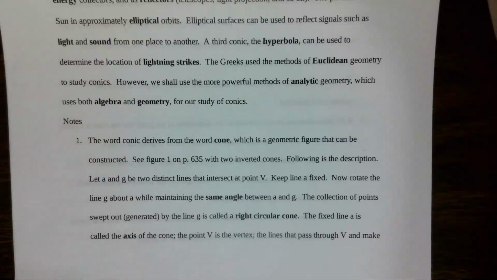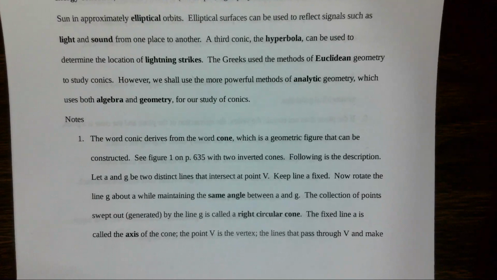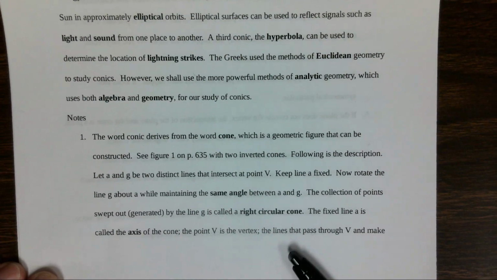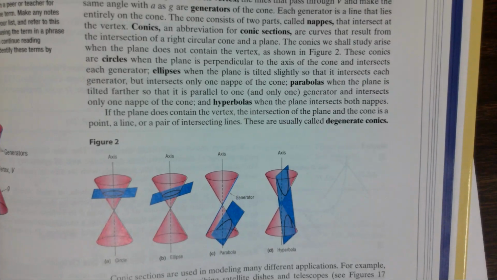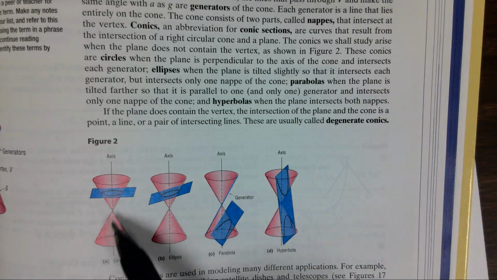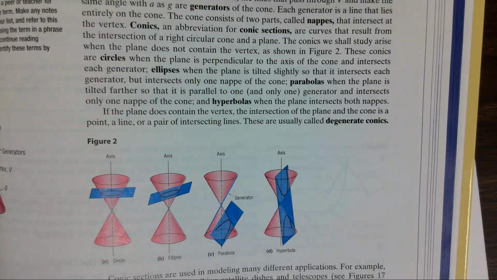Okay, so the word conic comes from cone, which is the geometric figure that can be constructed, and so we need to look at page 635 for the figure with two inverted cones. In this figure, you can see that one cone is on top of the other, kind of like an hourglass.